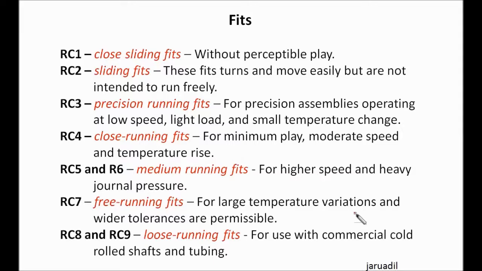RC8 and RC9, ito naman yung pinaka maluwag, loose running fits for use with commercially rolled shafts and tubing. So, makikita nyo dito, yung RC1 to RC9, masikip dito ay maluwag na siya. Paluwag yung direction niya.